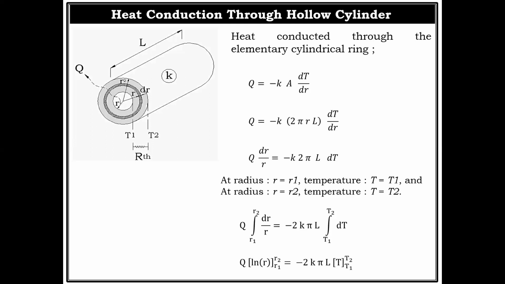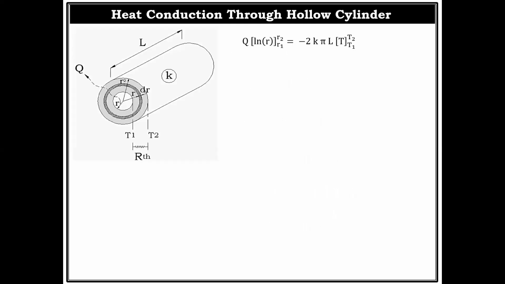Now on simplifying this, we get Q times ln r2 minus ln r1, and when we reform it, it becomes ln of r2 upon r1. So Q ln of r2 upon r1 is equal to minus 2 k pi L in brackets T2 minus T1.